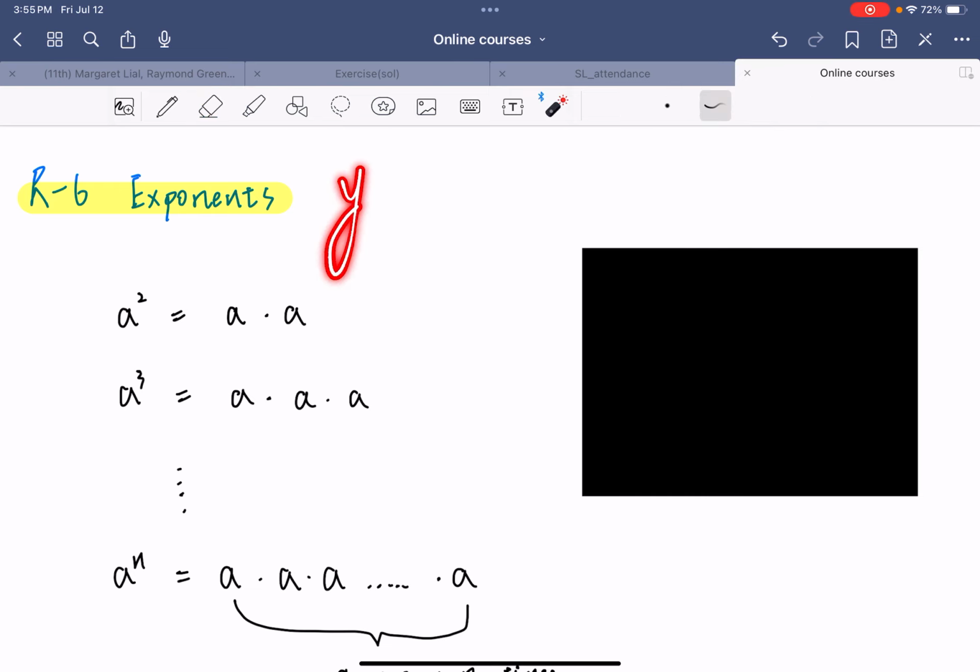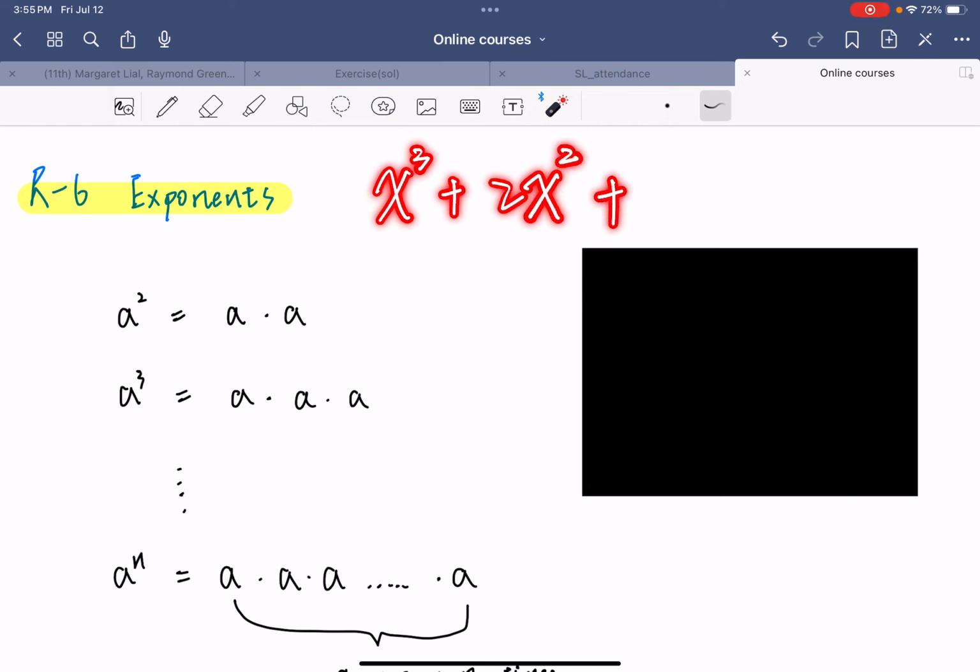Like we write x power 3 plus 2x squared plus 3x plus 1 maybe equal to 0 or something like that.